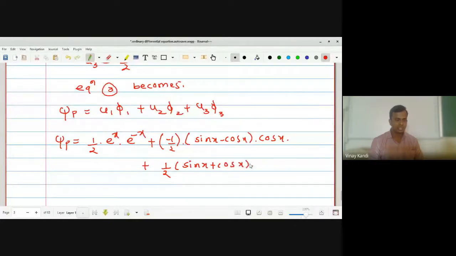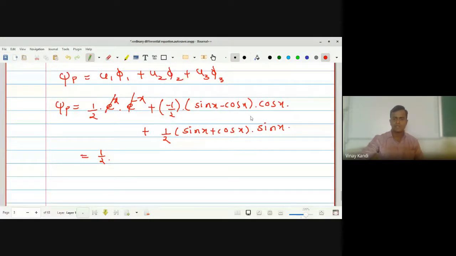This is u3, and what is phi 3? Sin x. So at the end this gets cancelled. We get 1 by 2. Now solve, see what comes. Minus 1 by 2 sin x cos x.